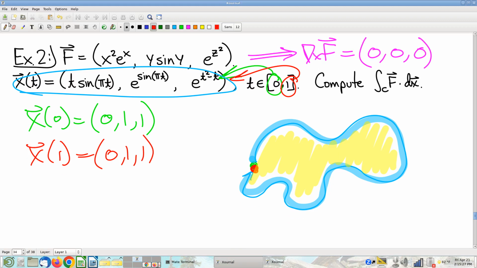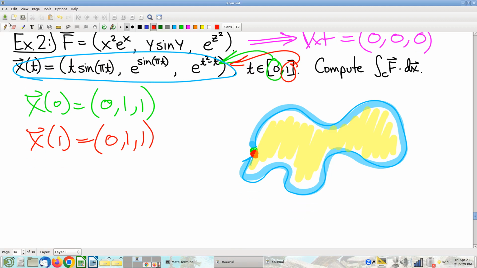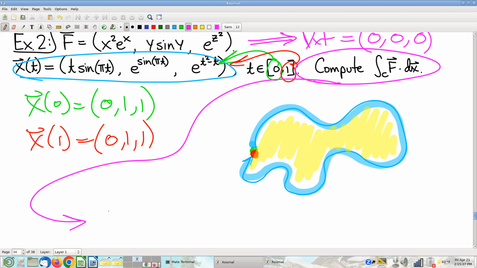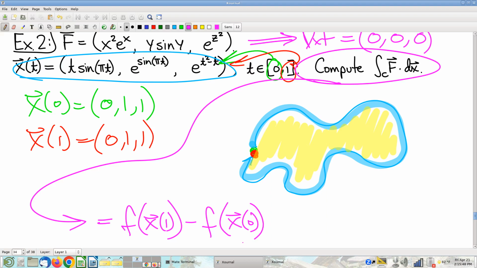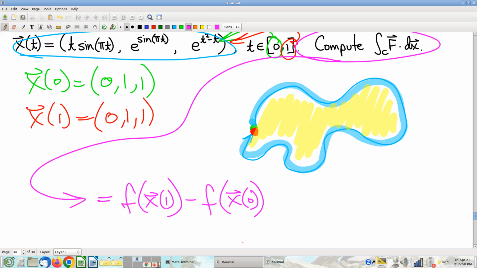Applying the fundamental theorem of line integrals, this line integral here, I'll use purple. That line integral is going to be f of x of 1 minus f of x of 0. And again, tempting to say, yeah, but I can't do anything with this because I don't know f. There's too much annoying computation to be able to find f.